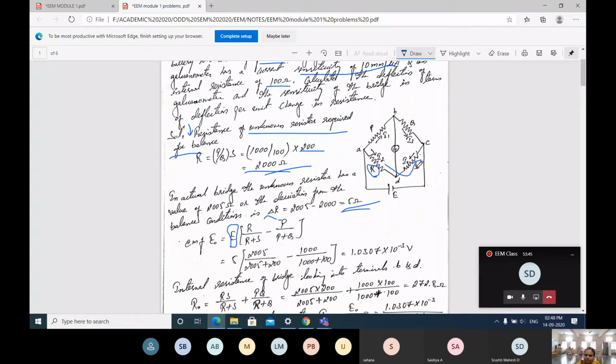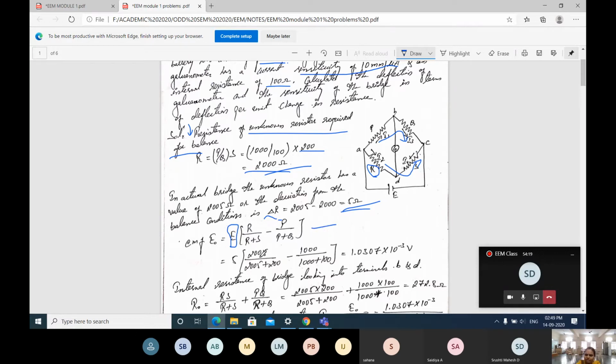For that reason R plus S, minus, for the other branch, P divided by P plus Q. When balanced, these two will be in series. That's what we take here. So E0 equals E times R divided by R plus S minus P divided by P plus Q. Then substitute the E value, that is 5.